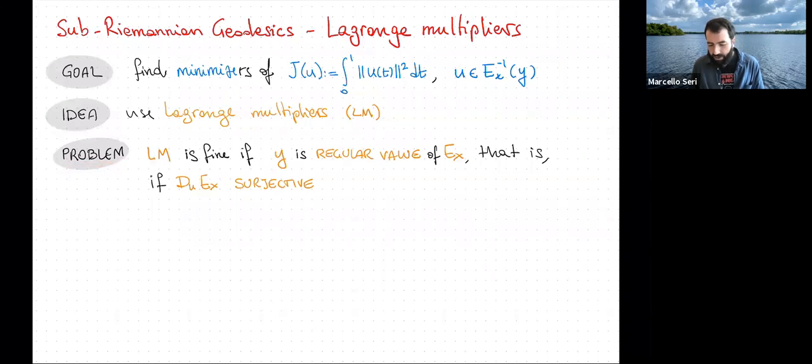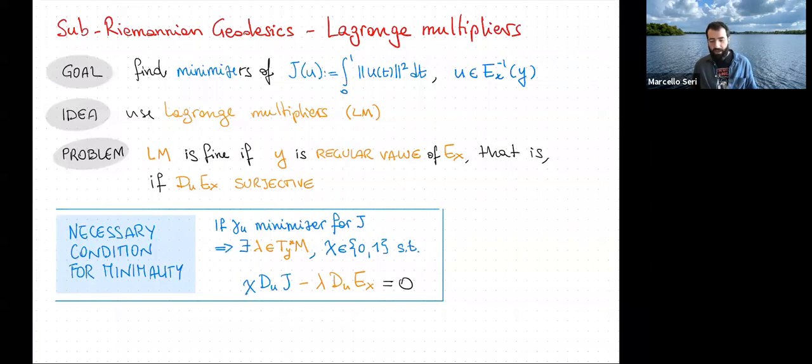So the Lagrange multipliers are fine when you are on regular values of Ex. So when the differential of this map is surjective. Otherwise, you might find solutions that live outside your variational problem. And this is what happens. You find that using the Lagrange multiplier, there is a necessary condition for minimality that is in fact two different conditions.